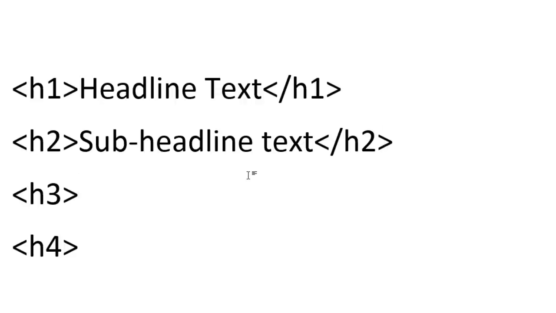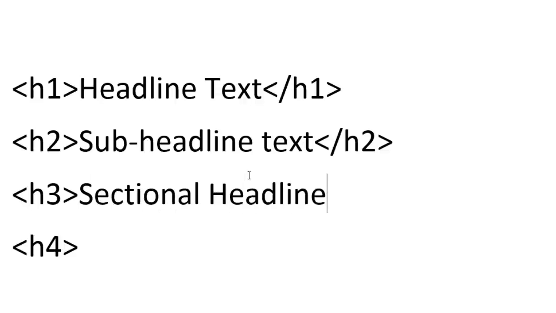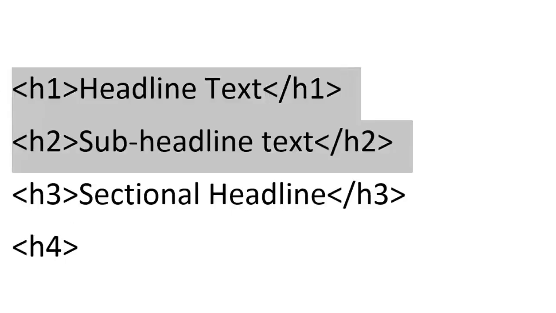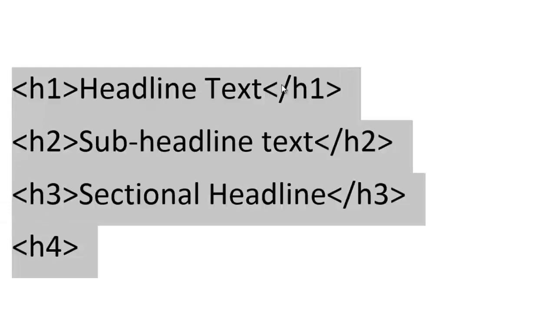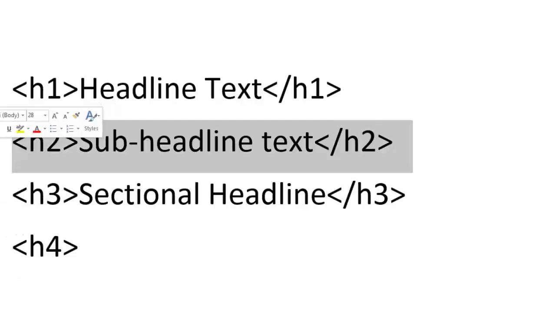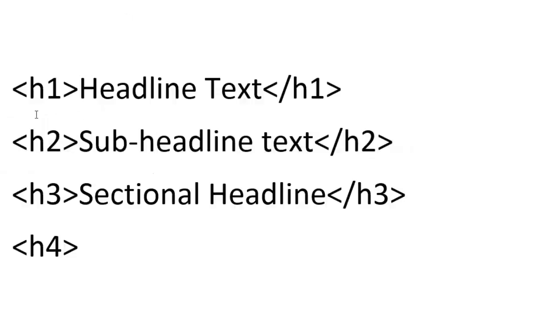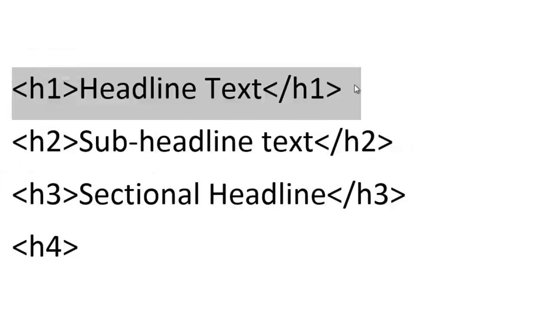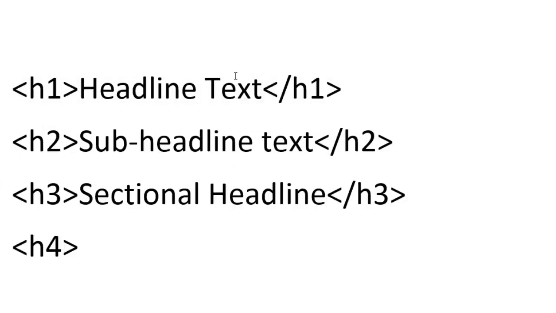And this could be something like a sectional headline, and we close it off with H3. So as the number gets bigger, the heading gets smaller, but it's still a headline. Now, when Google comes along and reads these headlines, they say, okay, this is a headline, this is a headline, this might be not as important as this headline. We don't know exactly, but that's what we've seen.